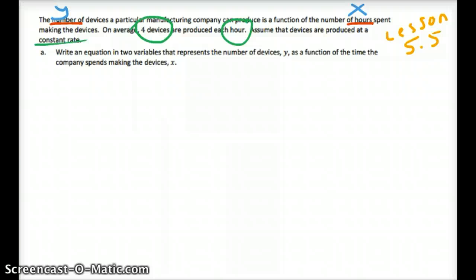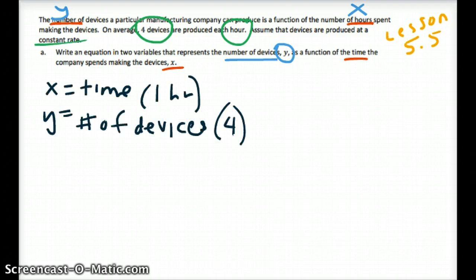So for the first part, letter A, write an equation in 2 variables that represents the number of devices y as a function of the time the company spent making the devices, x. So they just told us that again, that time is x and number of devices is y.